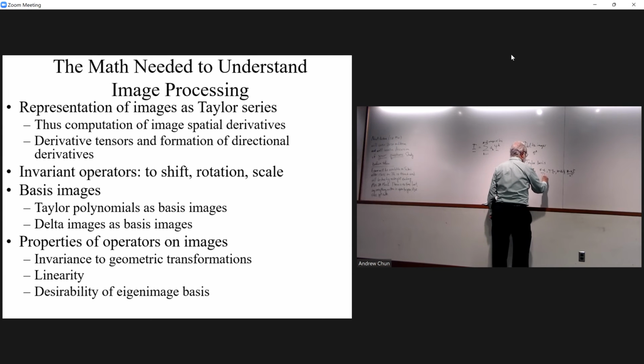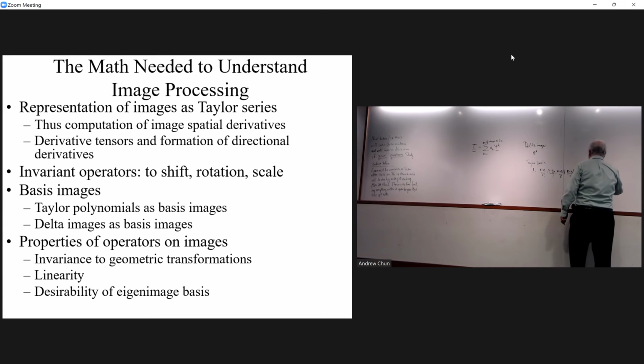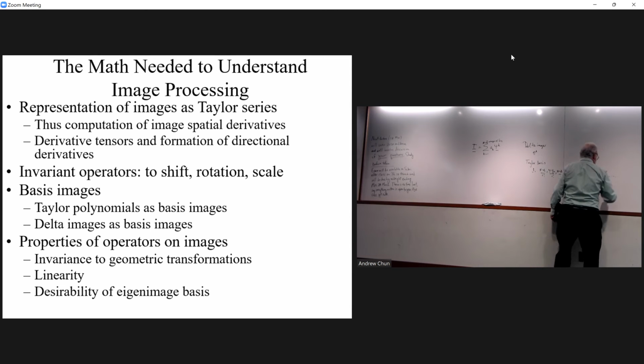Strictly, these are over 1 factorial, but 1 factorial is, of course, 1. And x minus x0, y minus y0 over 2 factorial, and y minus y0 squared over 2 factorial, and so on.